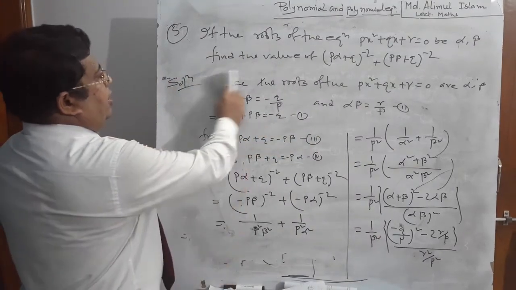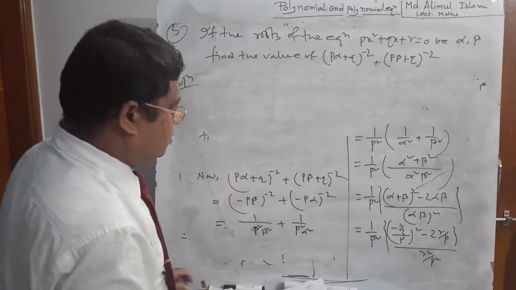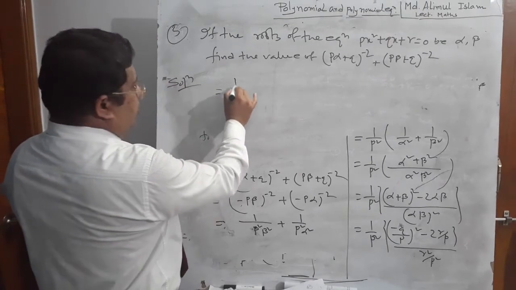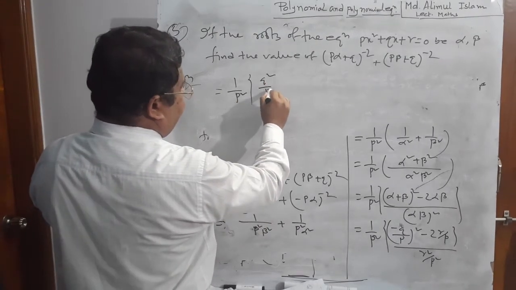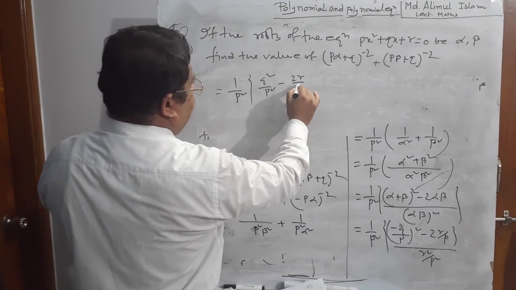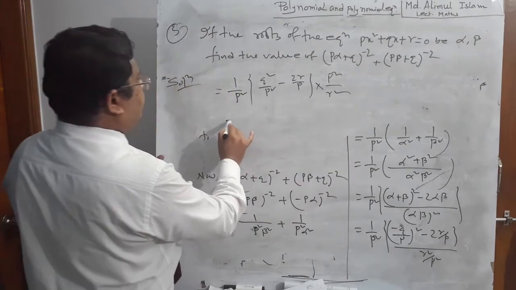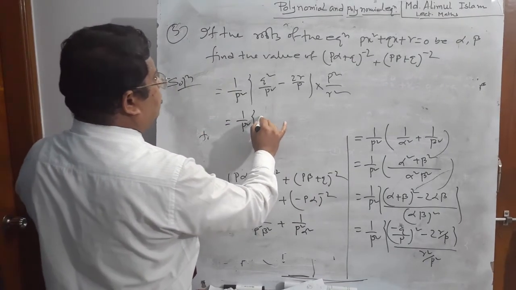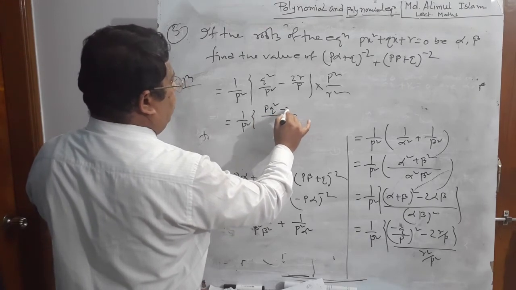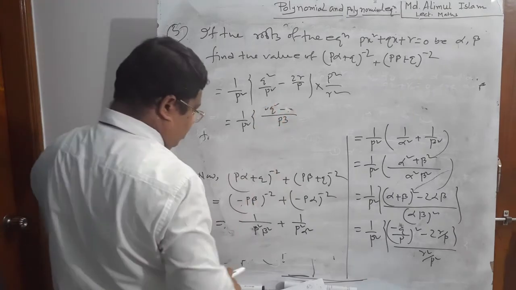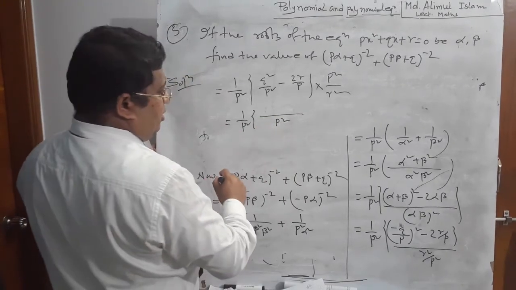Next, I am doing this here. 1 by p² times (q²/p² − 2r/p), multiplied by p²/r². Then the LCM is p². You write (q² − 2rp) over p², and this p² cancels.